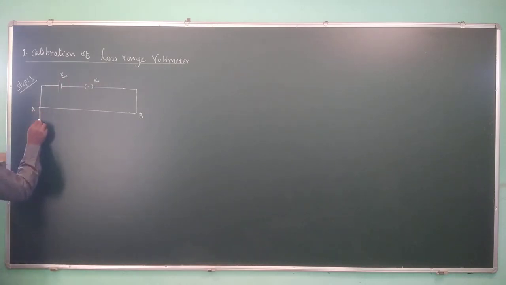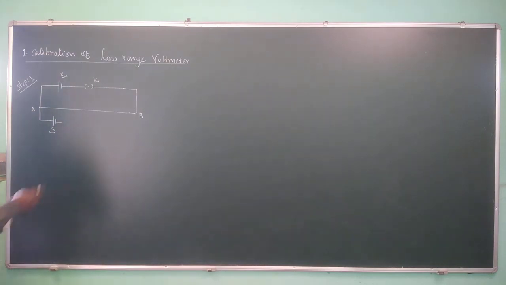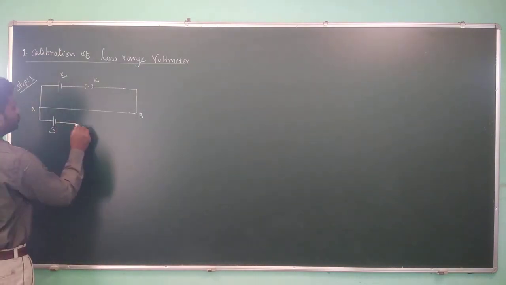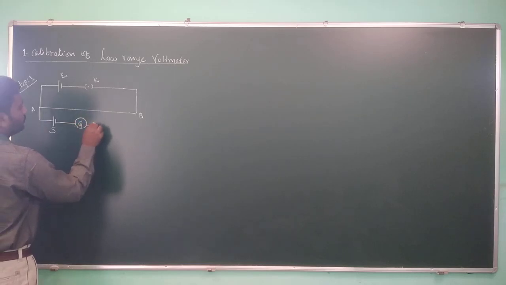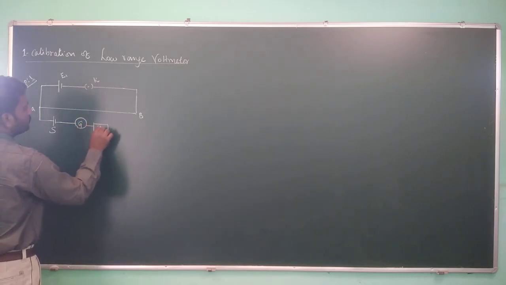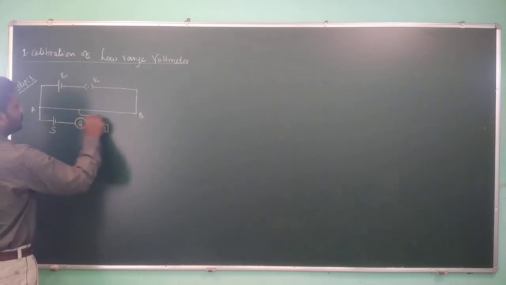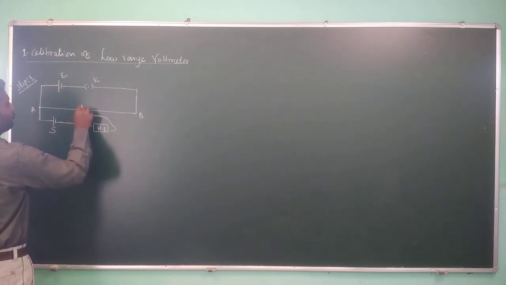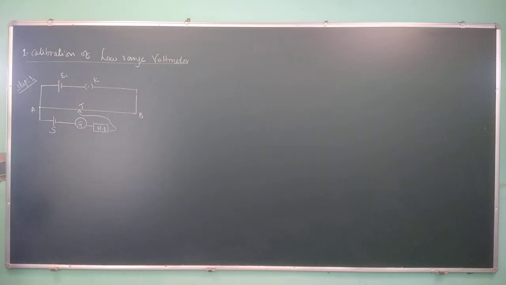Now we have to connect this with another standard cell, which is then connected to a galvanometer, then a high resistance, and then to a sliding jockey.